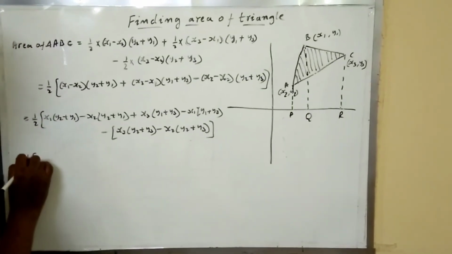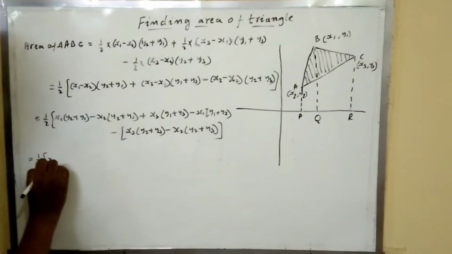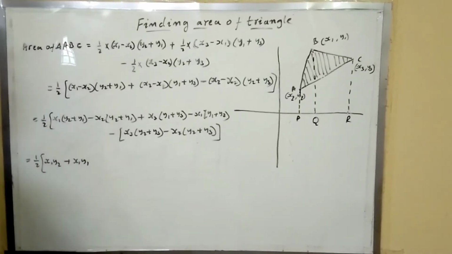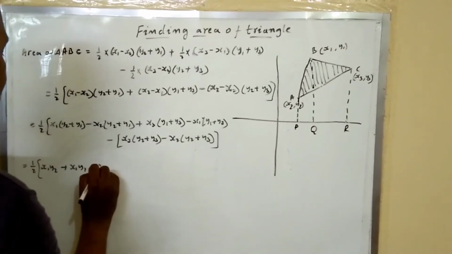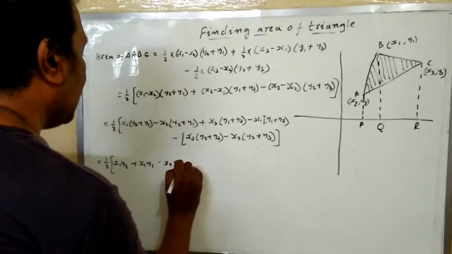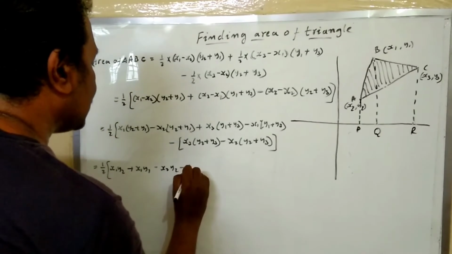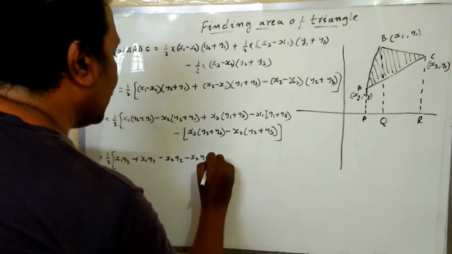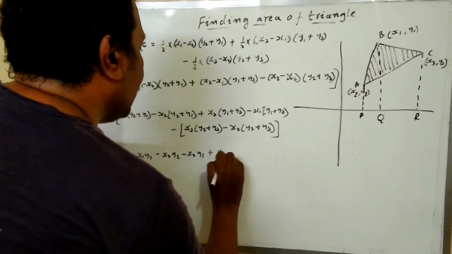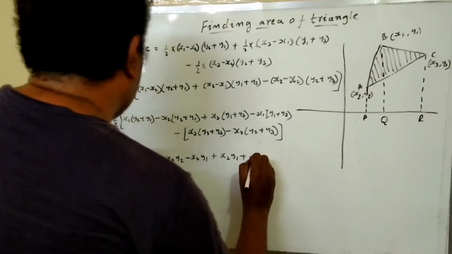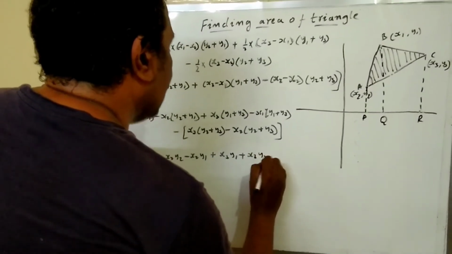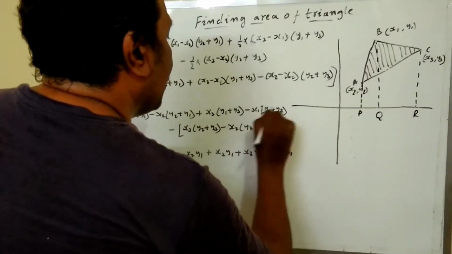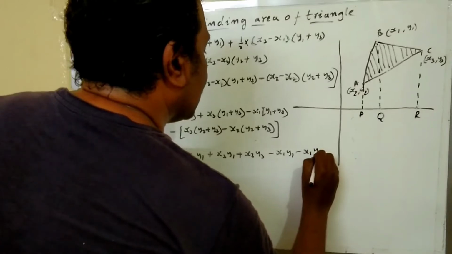That gives half into x1y2 plus x1y1 minus x2y2 minus x2y1, this multiplication is over, plus x3y1 plus x3y3 minus x1y1 minus x1y3.